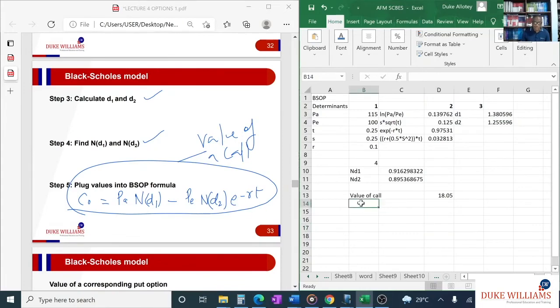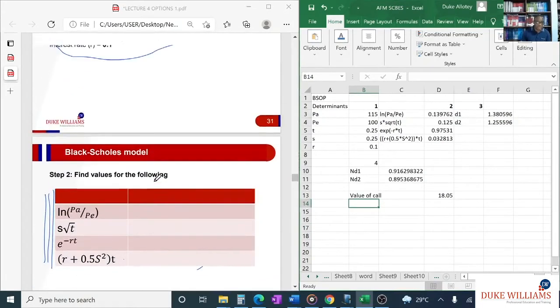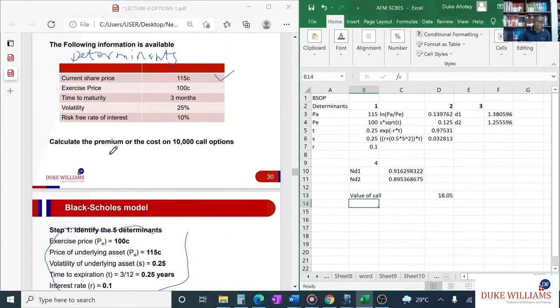So as the question is saying, find the premium to be paid on the cost of 10,000 call options. So that cost will simply be 10,000 there, because each option value will have this multiplied by, oops, okay, my apologies, equal to this multiplied by that, and that gives us this. But don't forget, these are all in cents.